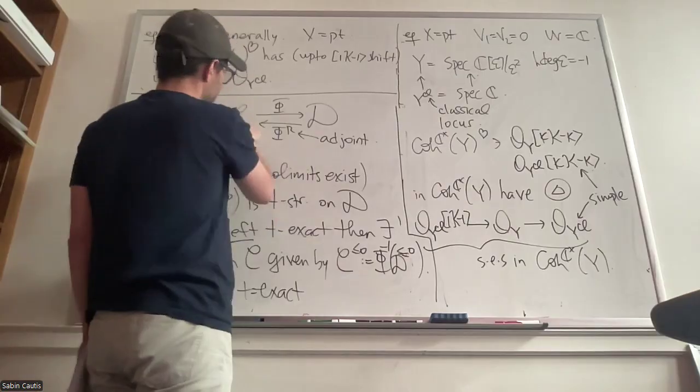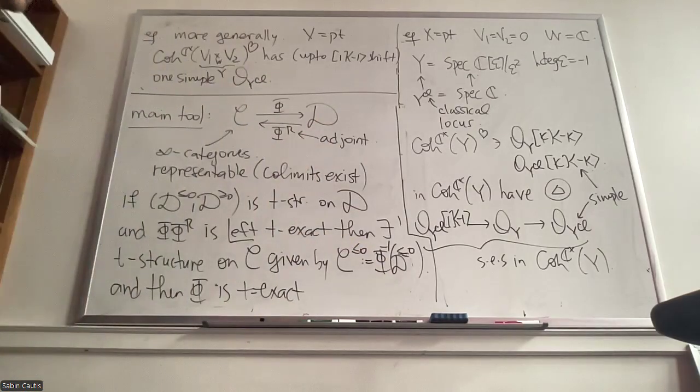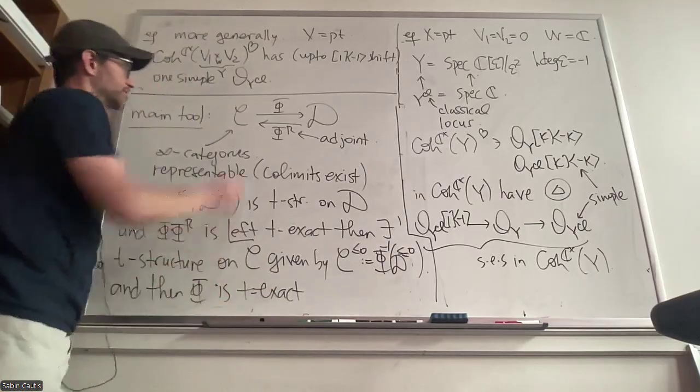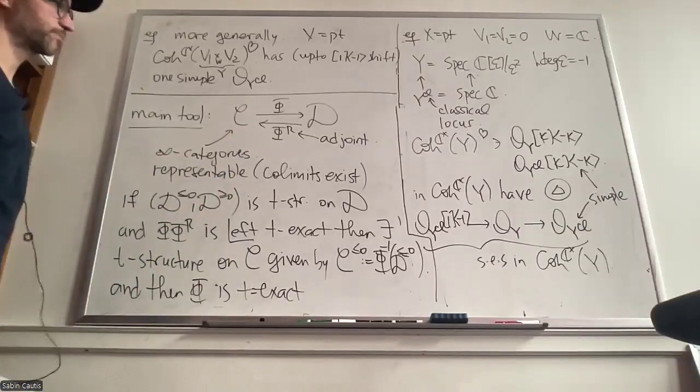The C less than or equal to 0 here are all objects whose image in here is in D less than or equal to 0, and then phi is T exact as well. So the functor is T exact for the new T structure defined this way.